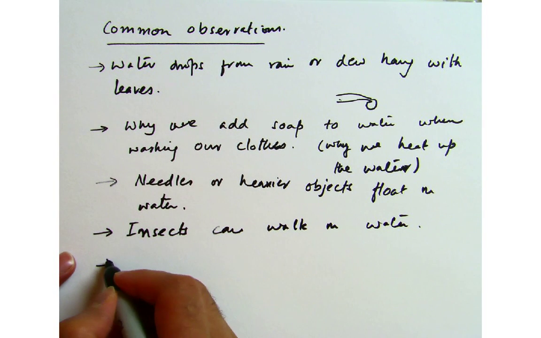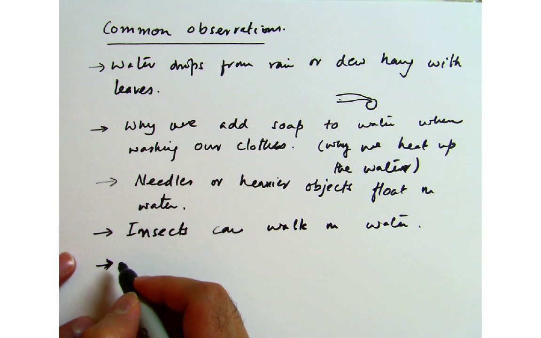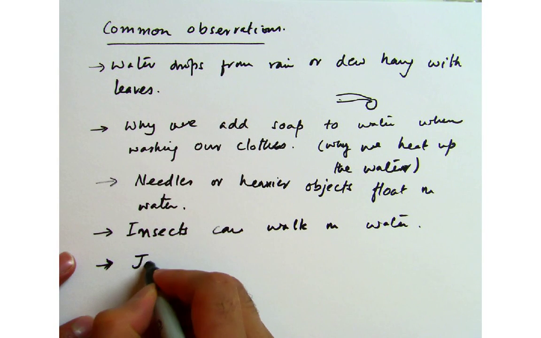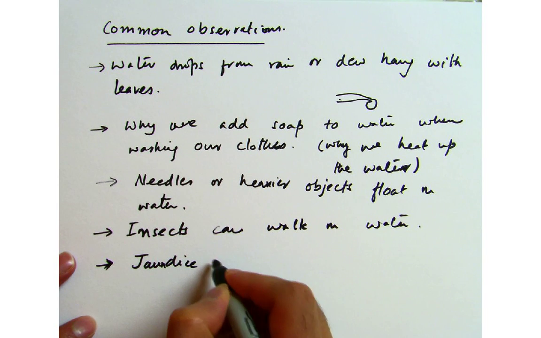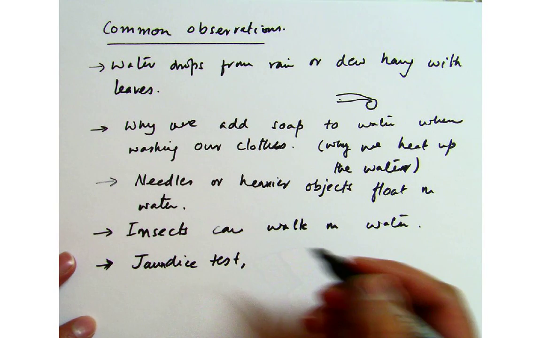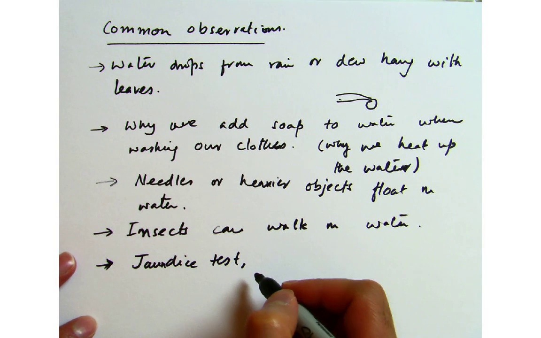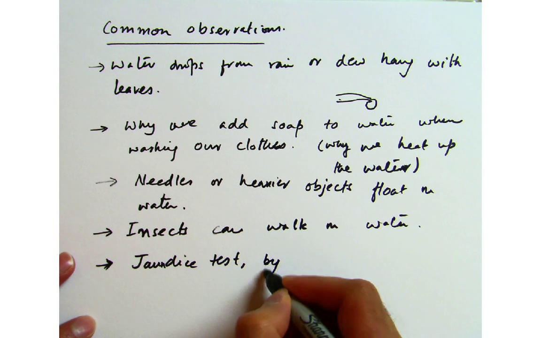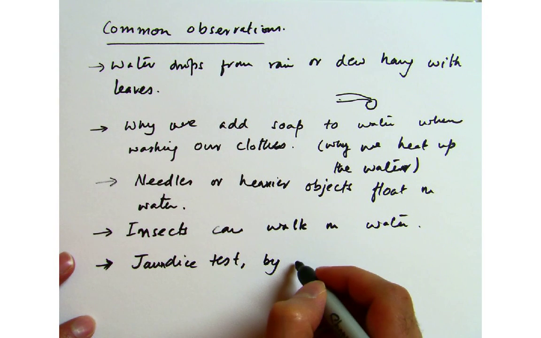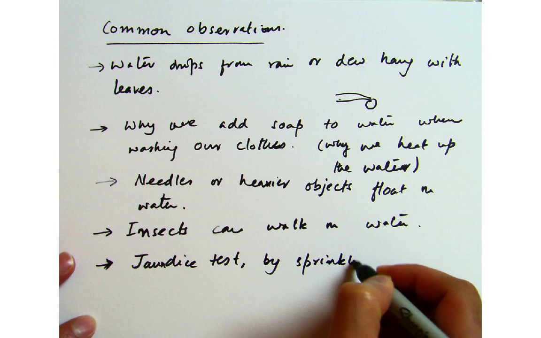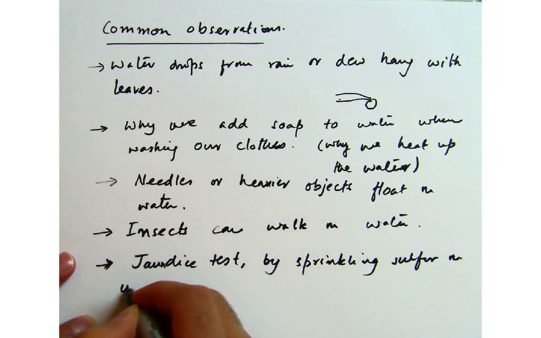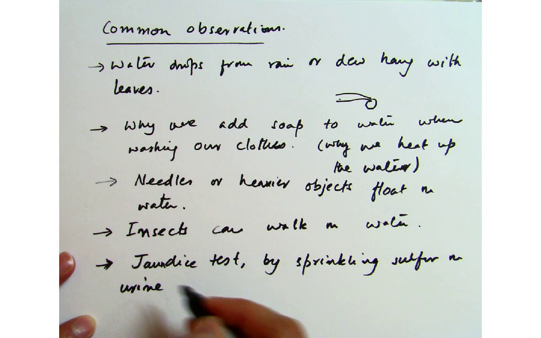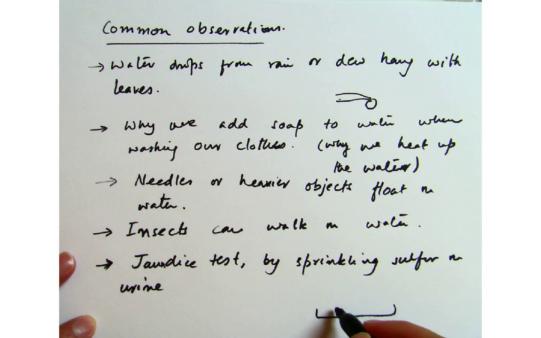Another example, which is an interesting one, has to do with the jaundice test. In a jaundice test, this is a medical condition, you have some urine and then you sprinkle some sulfur.